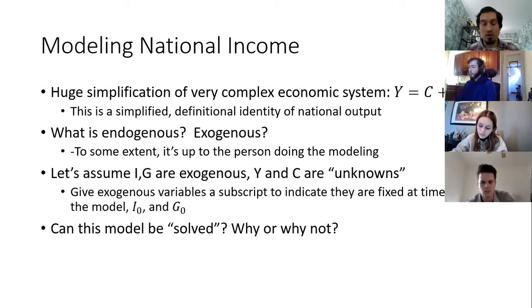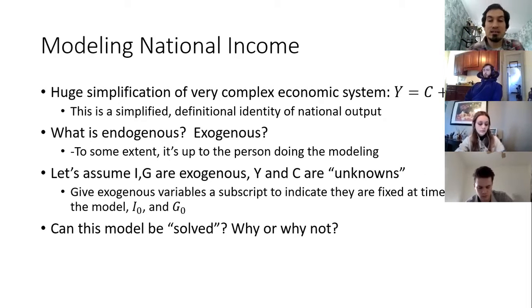Okay, I'm really running low on time. Ooh, I think I've run out of time. So next class, we will look at this model and say, what can we do to solve it?